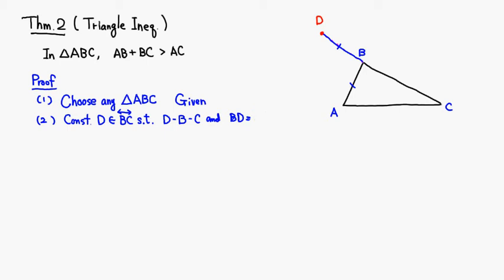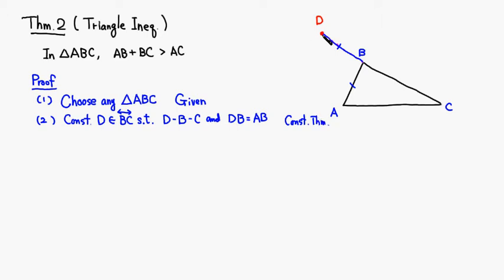Actually, I'm going to write it as DB is equal to AB. So this is just the segment construction theorem, justified by construction theorem.